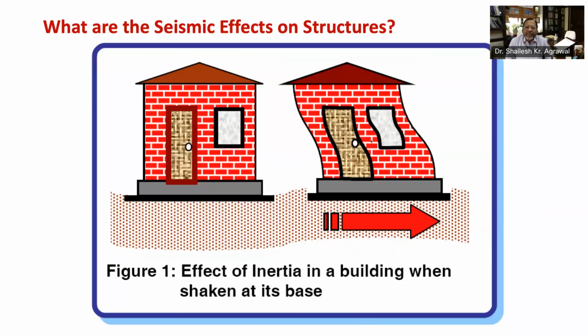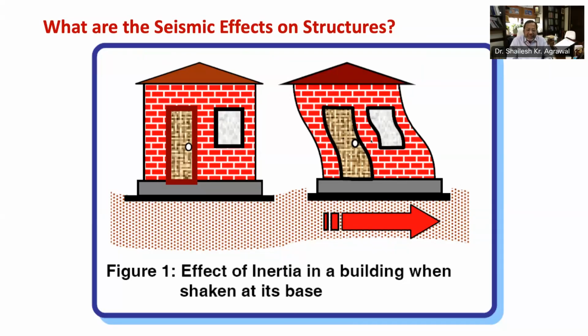Let's understand it with another analogy. When you are standing in the stationary bus and the bus is suddenly started, your feet move with the bus, but your upper body tends to stay back, making you fall backwards. Same thing happens with the building. Your upper body is like a slab and your foundation is like your feet.